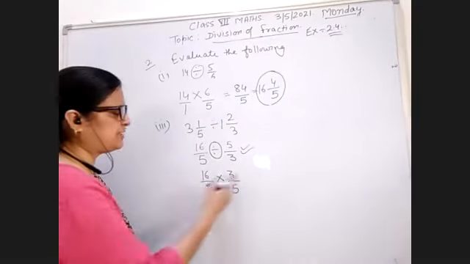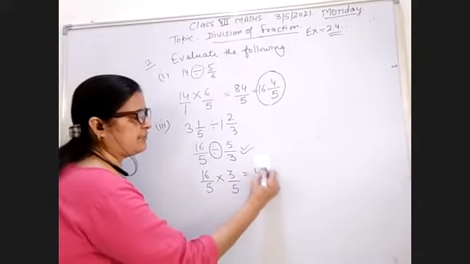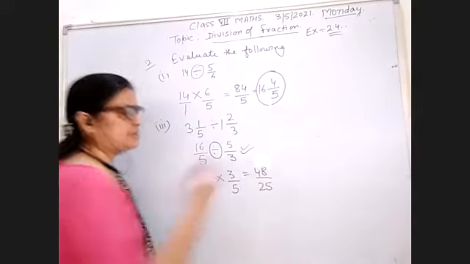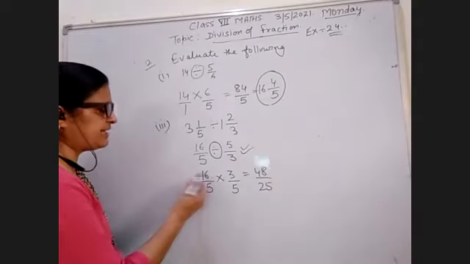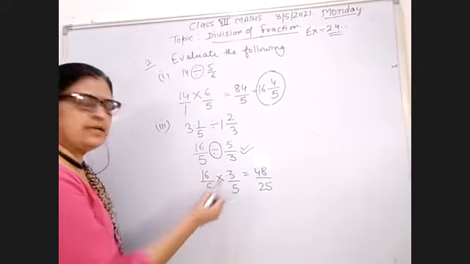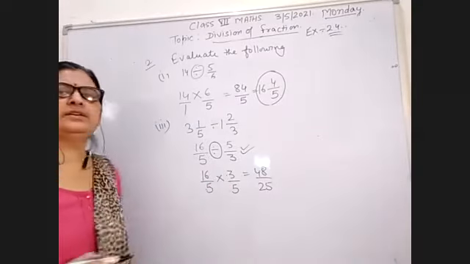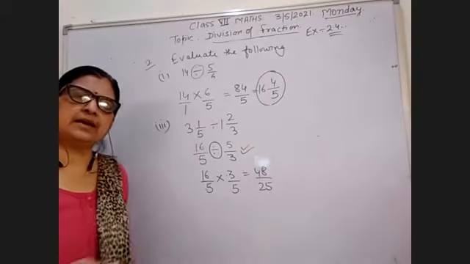Now you have to multiply: 16 threes are 48, 5 fives are 25. When you multiply numerator with numerator and denominator with denominator, you will get the fraction.